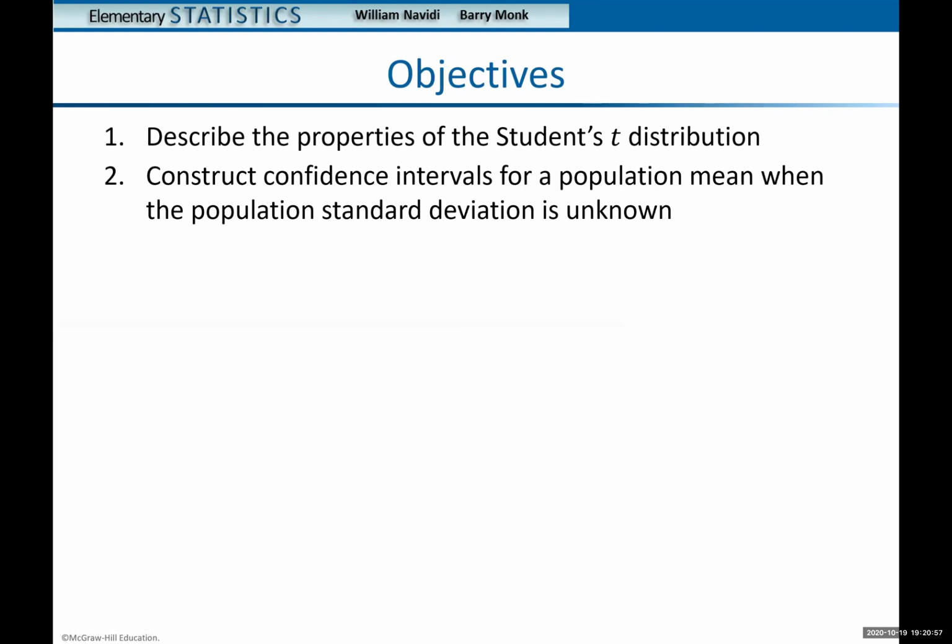Only 2 objectives. It's going to be short. Describe the properties of the student's t distribution. In 8.1, we use the Z distribution, meaning the critical value we solve for is Z. This time we're going to use the t distribution. And then we will be able to construct confidence intervals for this population mean when the population standard deviation is unknown.